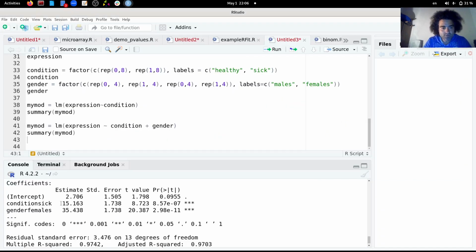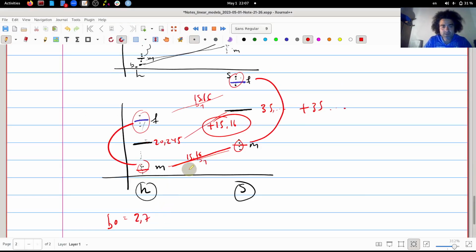And now both of these are highly statistically significant. The p-values are 8.57 multiplied by 10 to the minus 7 here, and 2.9 multiplied by 10 to the minus 11. So when we take into account the gender, we see that the effect of being sick is statistically significant.